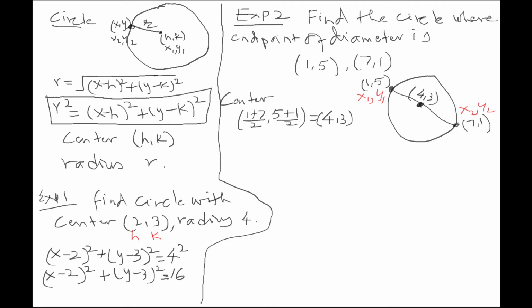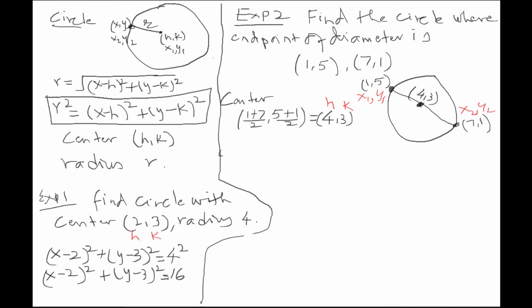Now we know the center, and we need two things to find the equation of the circle. We have the center, 4 comma 3, which we denote by (h, k). The next thing we need is the radius. We can find the length of the diameter and divide it by 2.